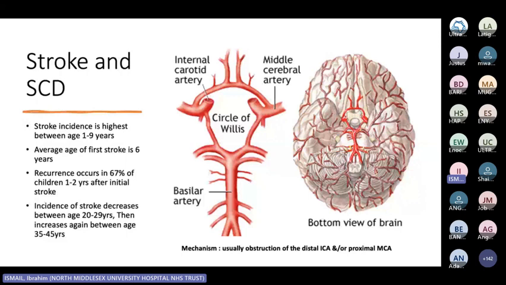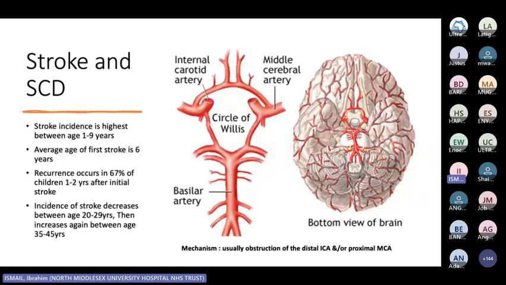So just to give you an overview, stroke incidence is highest between age 1 to 9 years old. And I've had cases in my clinic where, unfortunately, before we could do any screening, we've had patients around 3 and 4 years of age who have suffered from stroke, which is quite devastating to see, a child have this kind of consequence.